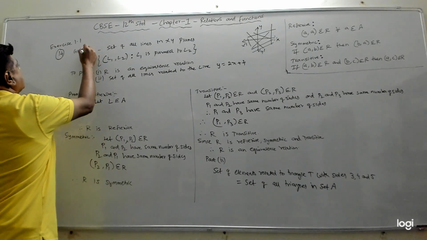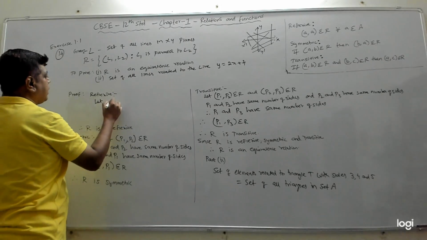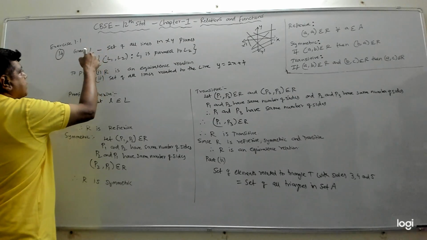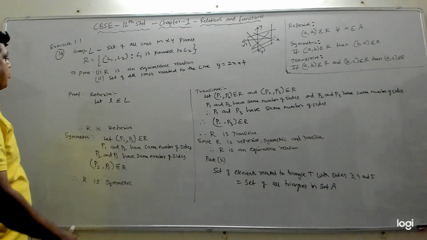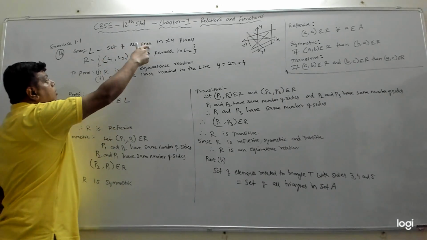The name of the set is L. So let line L belong to the set L. I am taking one line L from the set L. This set L has the set of all lines.